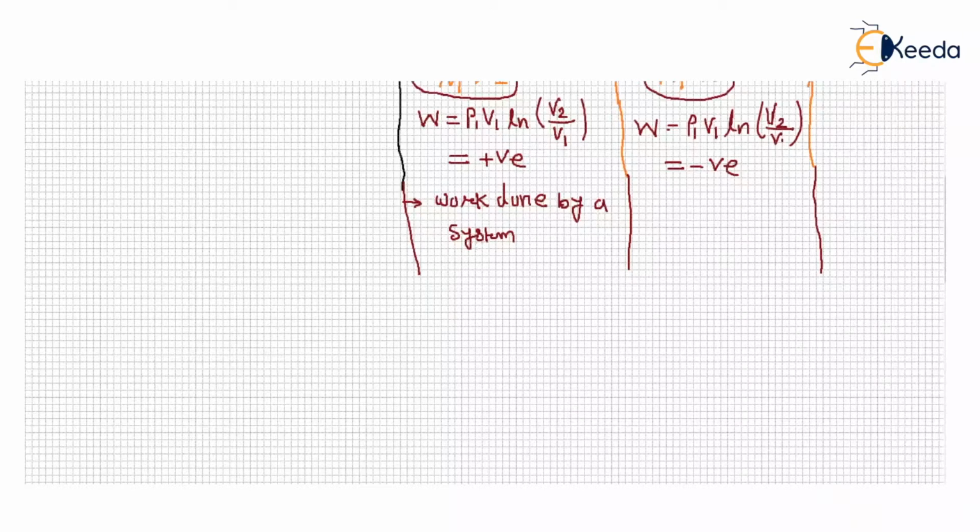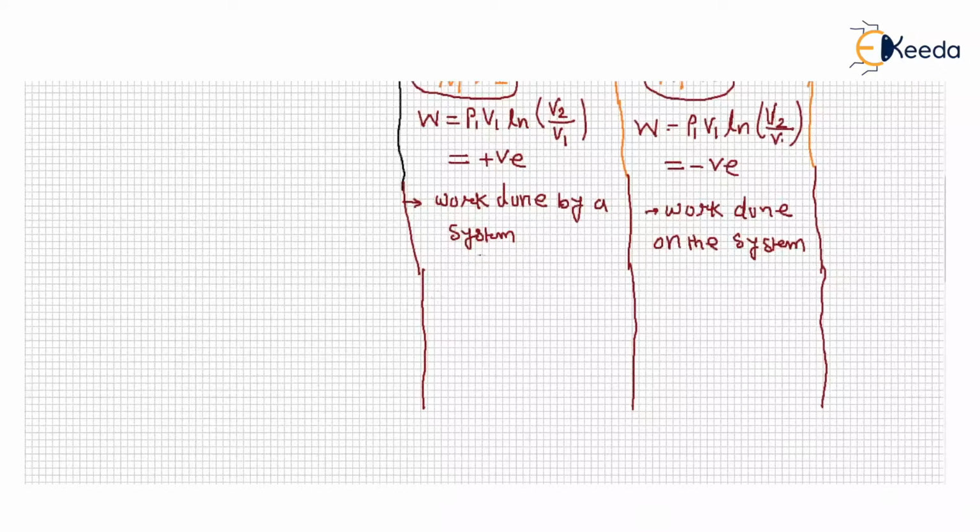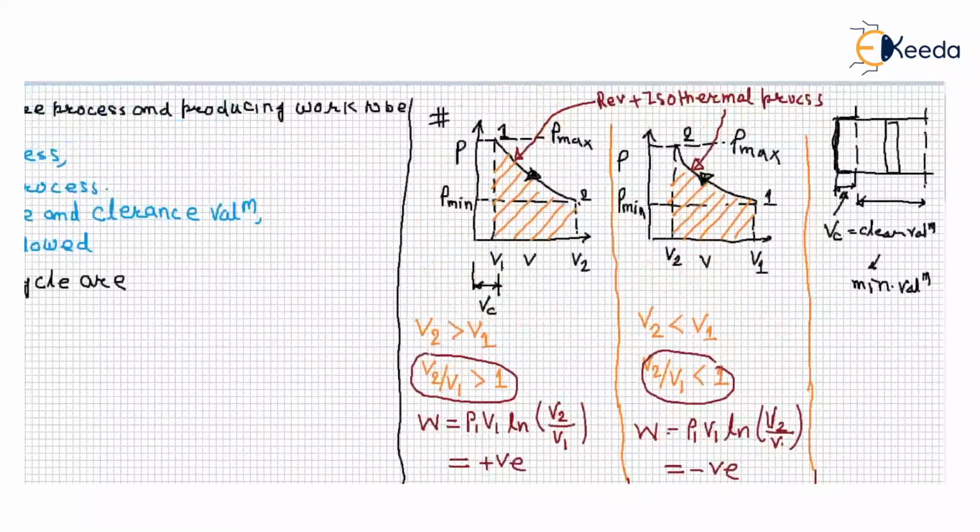Because work will develop due to expansion. See, work done by the system is in the clockwise direction, and work done on the system is in the anti-clockwise direction.